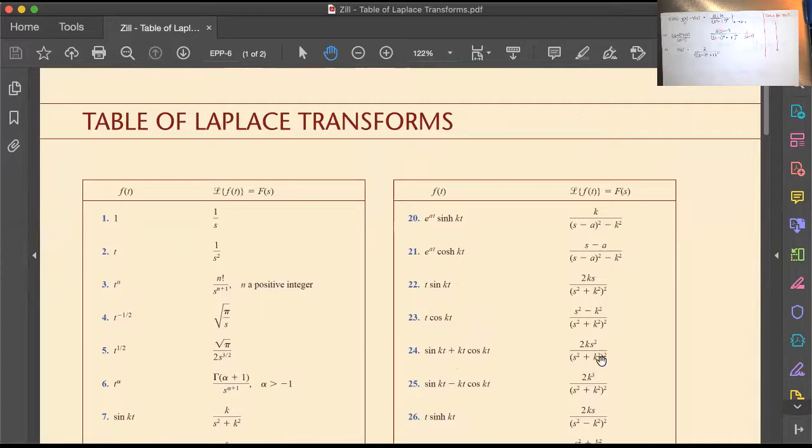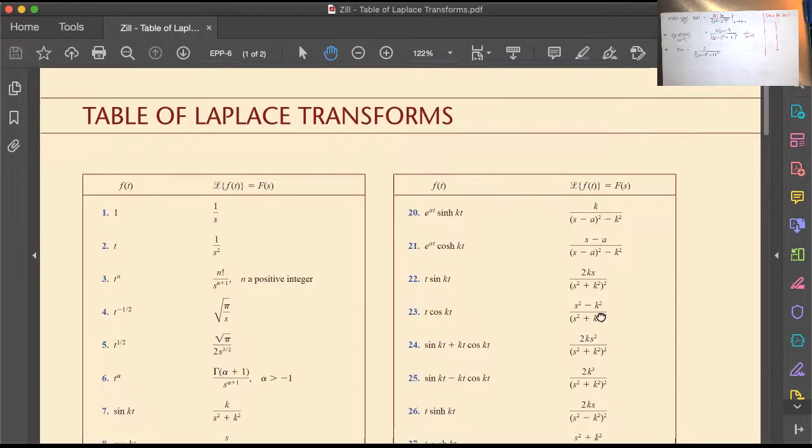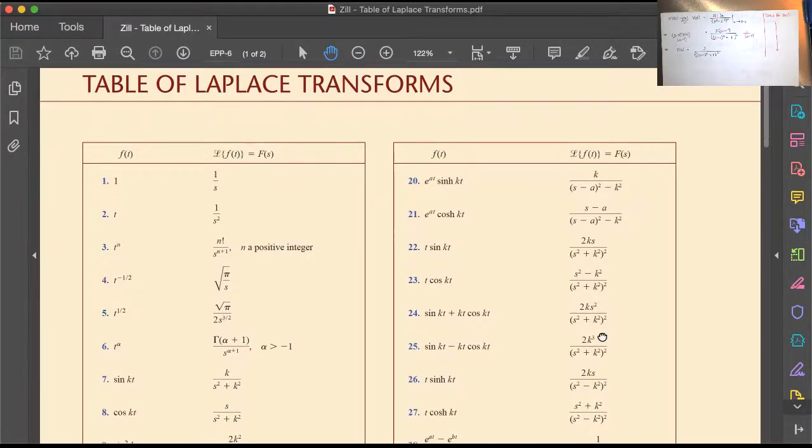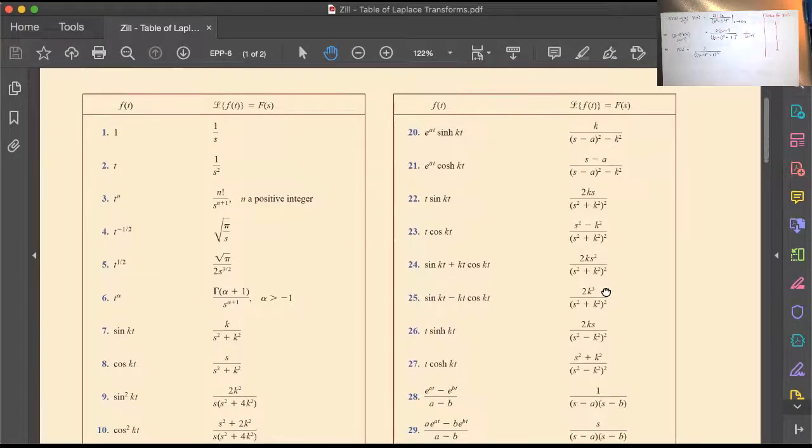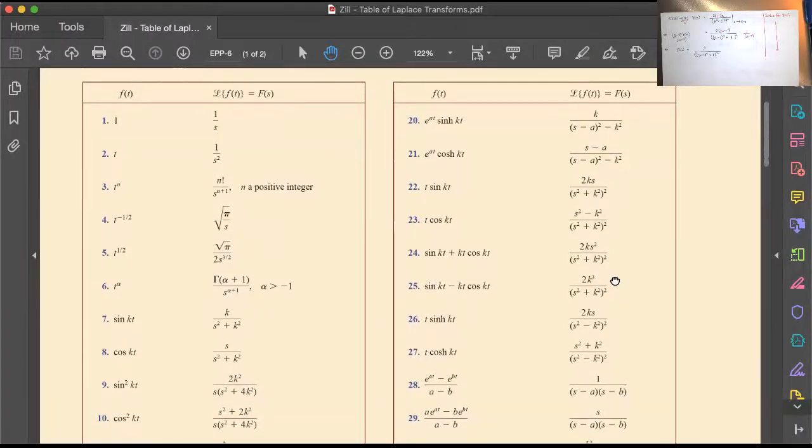So, since this exact pattern isn't here, I'm going to look for a constant over (s squared plus k squared) quantity squared. Do we even have something like that here? Okay, actually, I think I see it. It's right here.